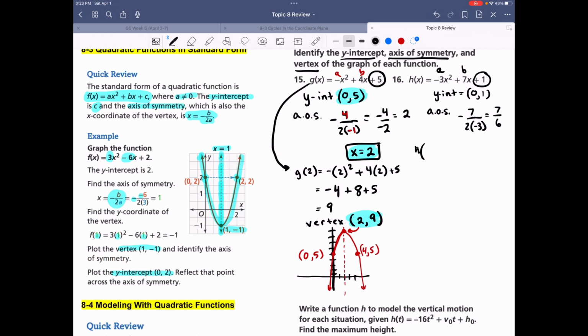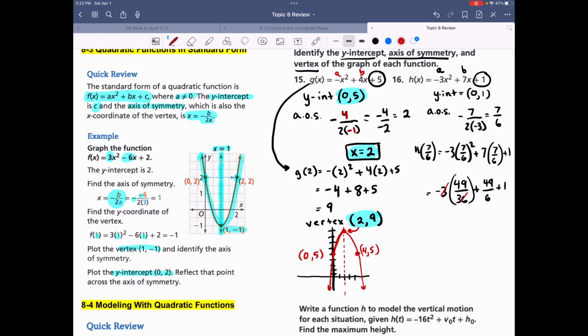So we're going to put h of 7 over 6 is equal to -3 times (7 over 6) squared, plus 7 times (7 over 6) plus 1. Okay, 7 over 6 squared is 49 over 36 times negative 3 plus 7 times 7 over 6 is 49 over 6 plus 1. And I think I'm going to want to cross cancel here.